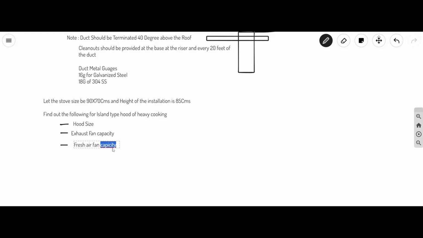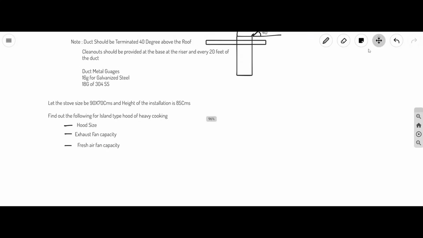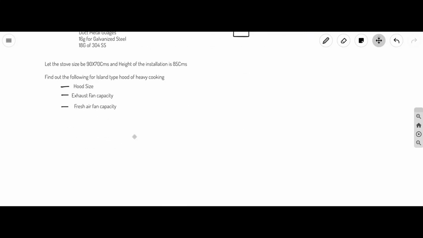Okay, so the value is L dash is 90 centimeters and W dash is 70 centimeters. H value is 85 centimeters.